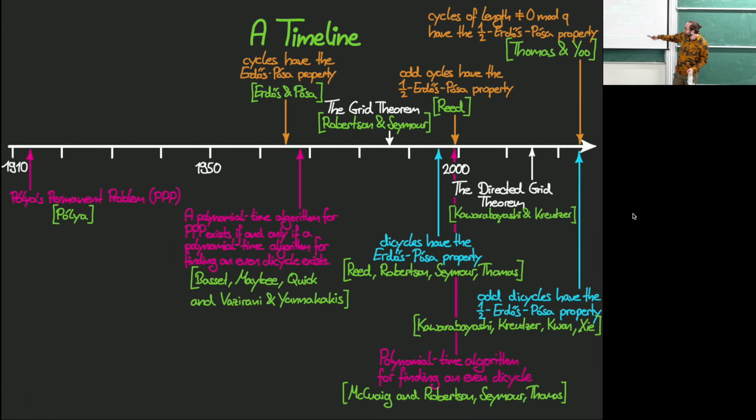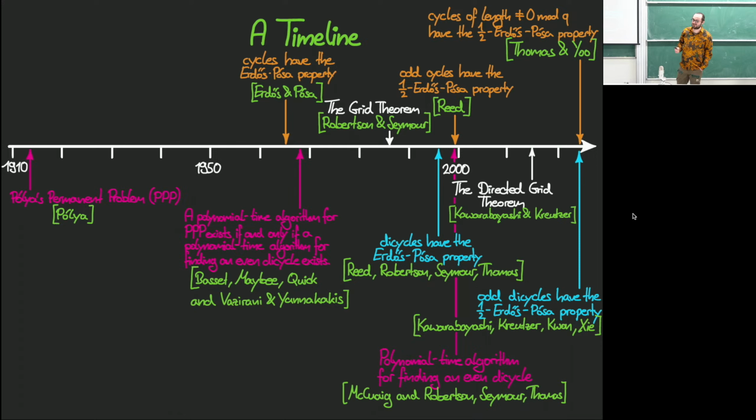The first polynomial time algorithm for the even dicycle problem was found in 1999, almost 100 years after Pólya's permanent problem, and surprisingly close to today's date, if you think about it, this is just to find an even cycle in a digraph. This should not be a complicated problem somehow. But this is very indicative of the types of problems we are having, because there's a lot to unpack. It's just to illustrate how complicated even directed cycles can actually be.